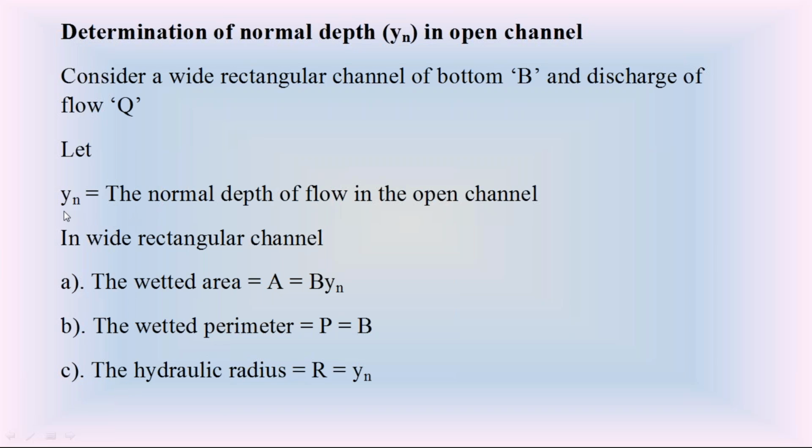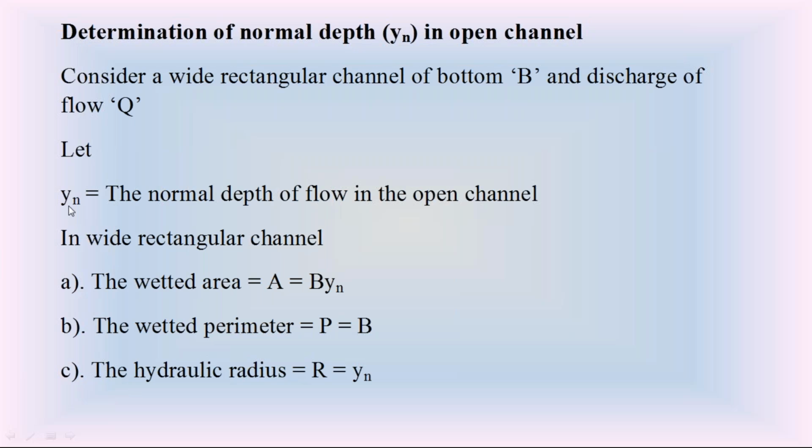We know, as I explained in the previous classes, that in the wide rectangular channel at normal depth Yn, the width is B and the depth of flow is Yn. So the wetted area A is equal to B into Yn, width into depth Yn. We know that in the wide rectangular channel, bottom width B is far greater than depth of flow Yn.